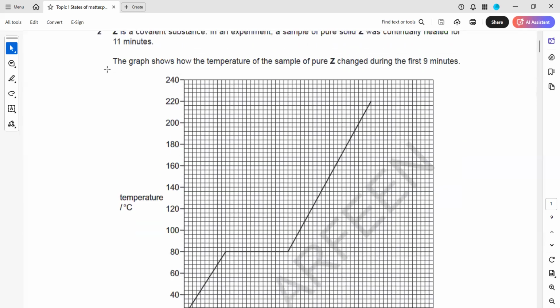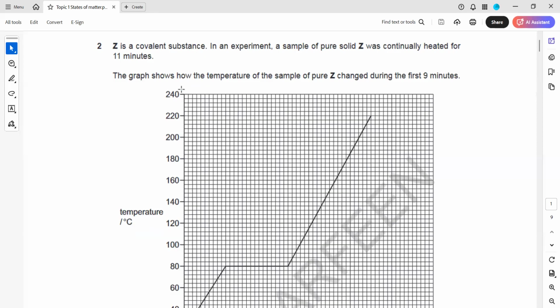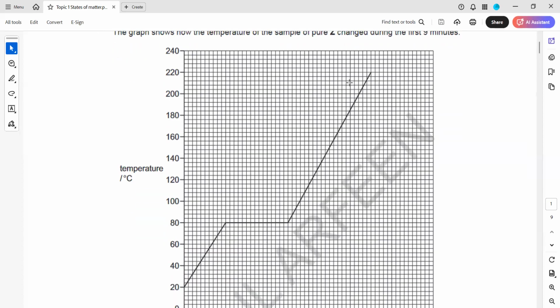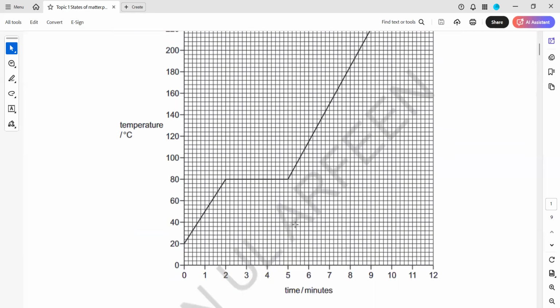So we heat a sample, a pure solid, for 11 minutes. The graph shows how the temperature of a sample of pure Z changes during the first 9 minutes. So for the first 9 minutes, they sketch the graph for us.